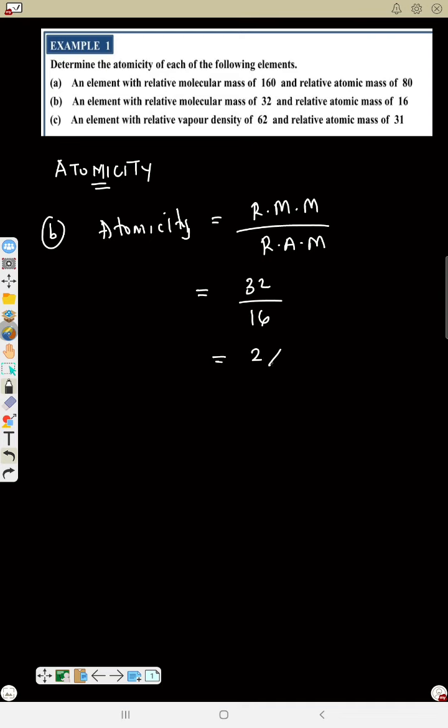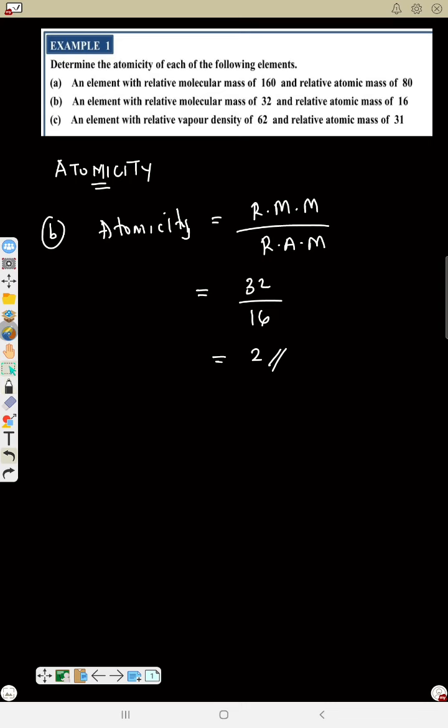That will be 2. That means the atomicity of this second element is also 2. That is for B. Just take note: atomicity is relative molecular mass over relative atomic mass.